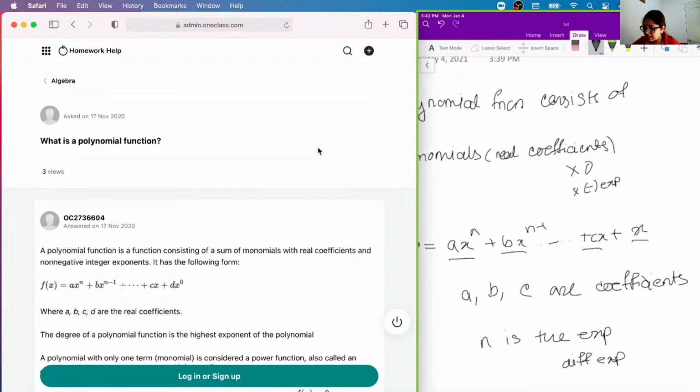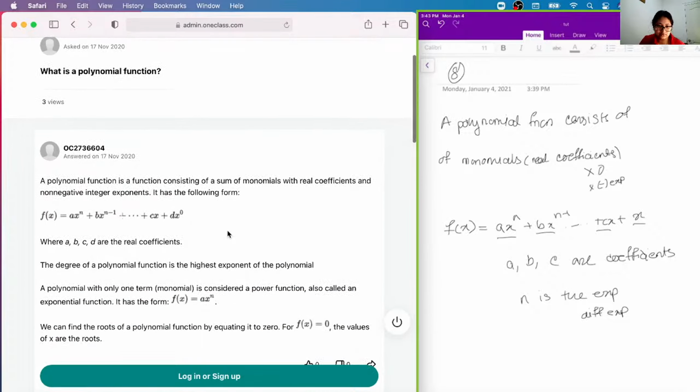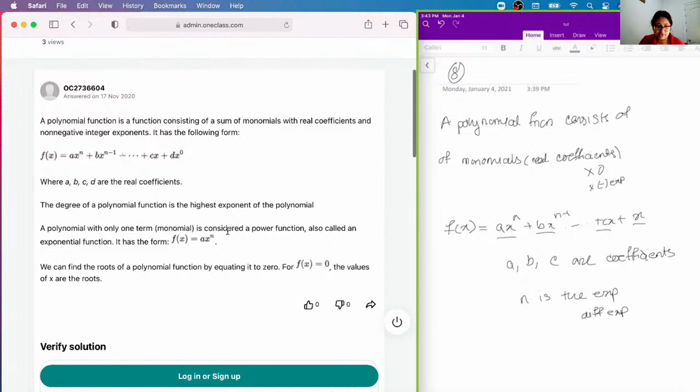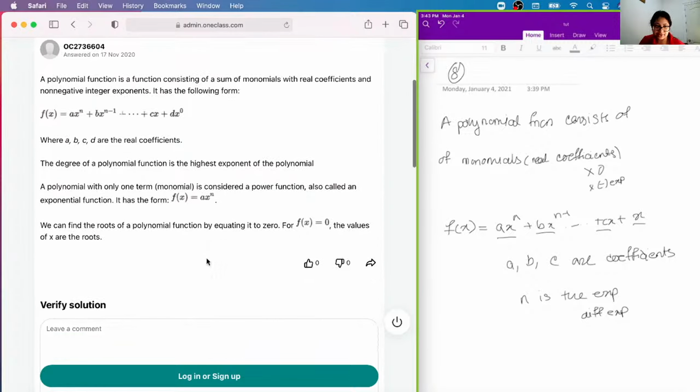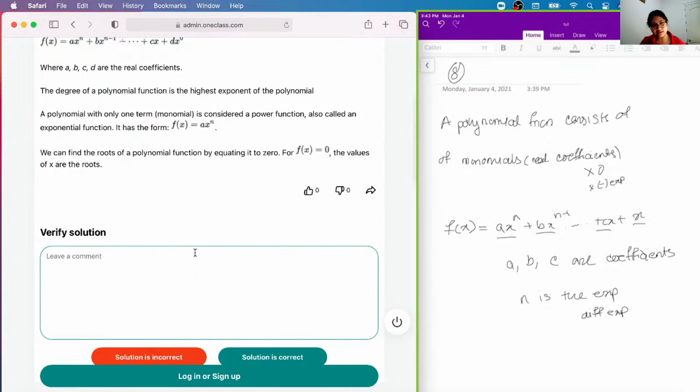So a polynomial has more than one term. Okay, and so that's what makes it a polynomial function. A polynomial with only one term is called a monomial, which is a power function, exponential function. And we can find the roots if you let f of x equal 0 and solve for the roots.